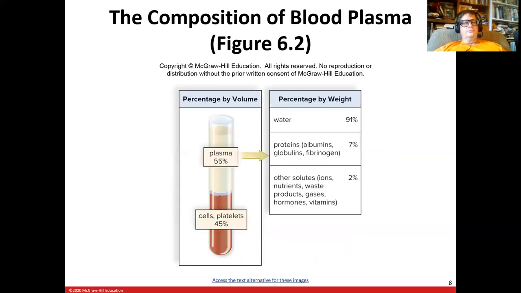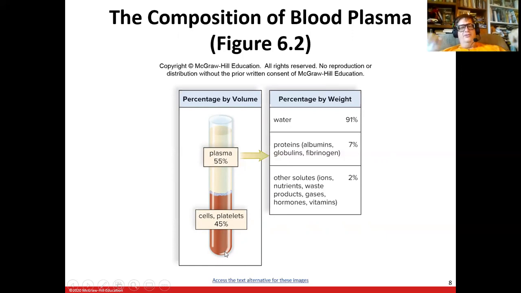Moving on. All right, so in 6.2, they show what happens if you take a capillary tube or a vial filled with blood and you spin it down in a centrifuge. What's going to happen is all the formed elements are going to settle out. So the red blood cells will be towards the bottom or towards the outside of the centrifuge.